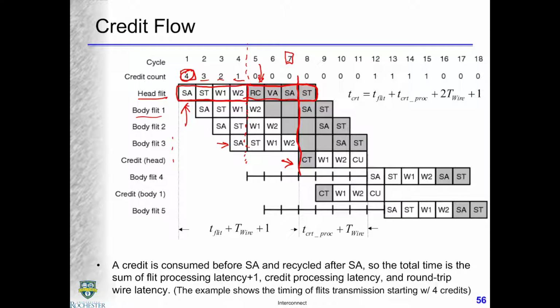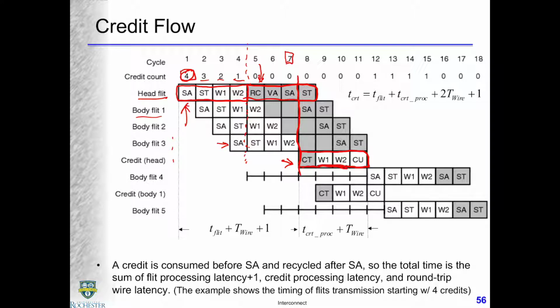So meanwhile, the other side of the story, the credit was generated, assuming 1 cycle. Again, these are all examples. This could have been done in no time at all, hidden in the wire delay, whatever. But assuming it takes a cycle, then it will take 4 cycles to be updated back at the upstream neighbor.